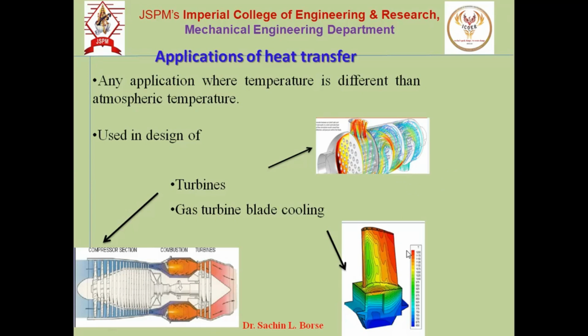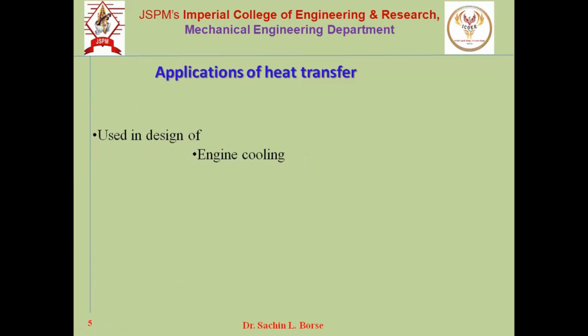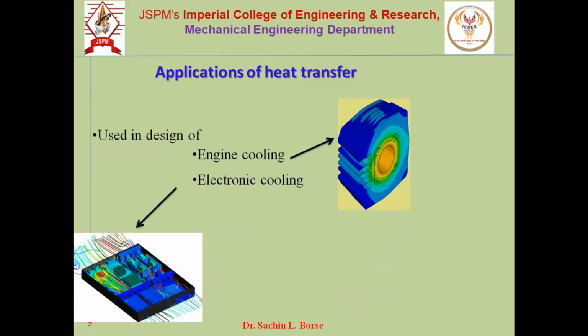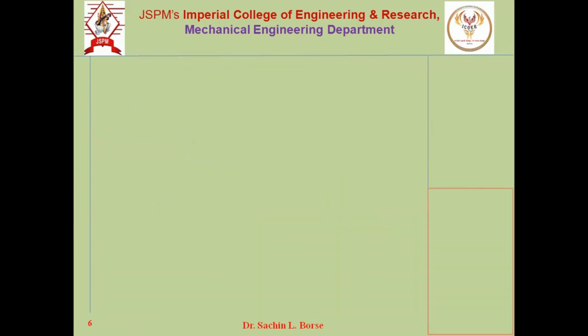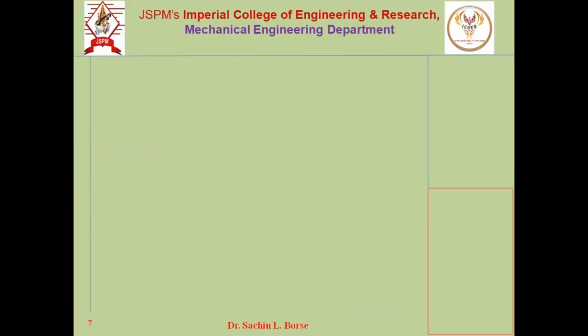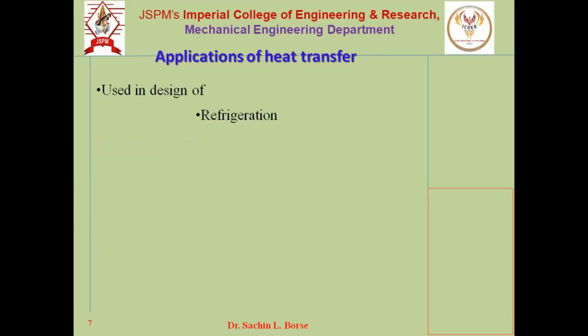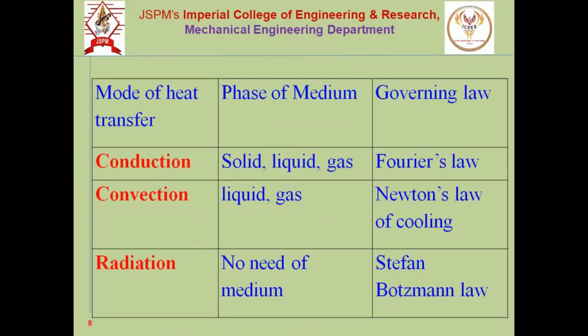You can see here heat exchanger, then turbine blade, then comes engine cooling, electronic cooling, in the cooking, like home appliances like geyser, iron, air heater, refrigerator, air conditioning, solar energy application. These all fall in the category of application of heat transfer.